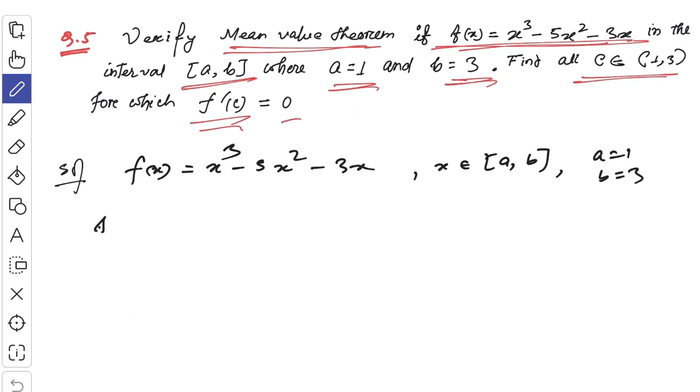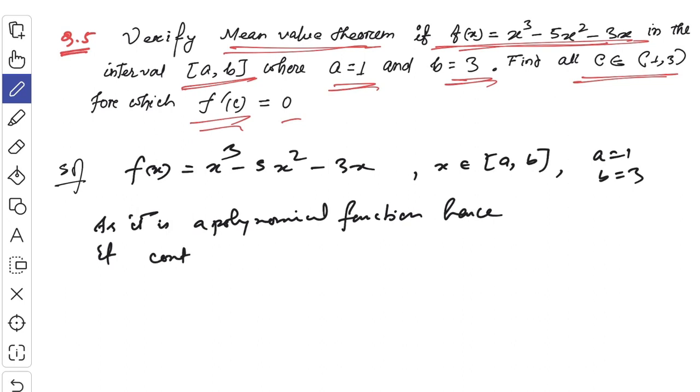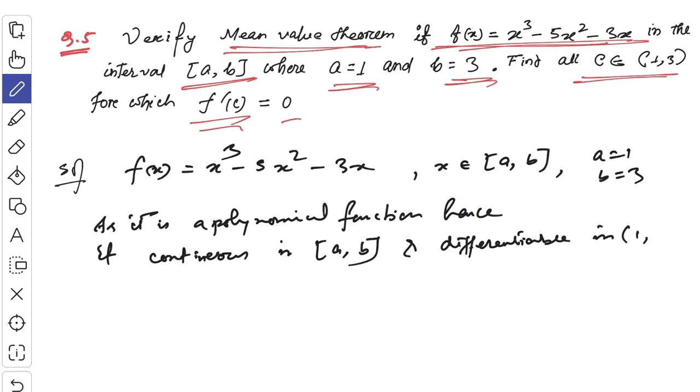So now as you can see, as it is a polynomial function, hence it is continuous in the closed interval a to b and differentiable in the open interval 1 to 3. So the first two conditions are satisfied.